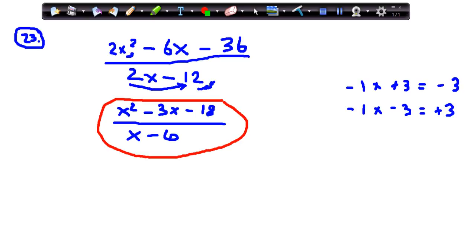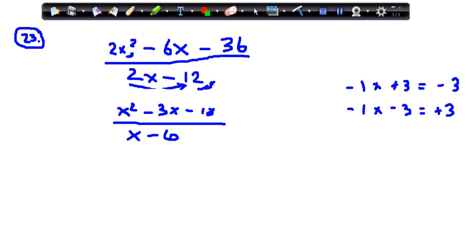I'm just trying to make this simple and illustrate everything so you can see what we're doing step by step. I know I took off a little bit of my 18, so let's put it back. Yep, there we go.